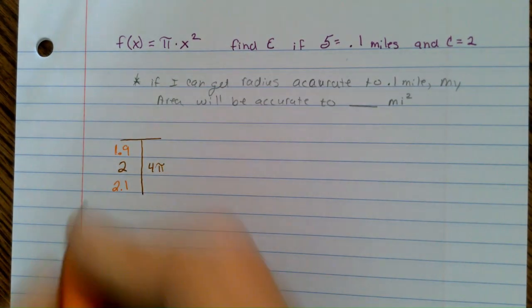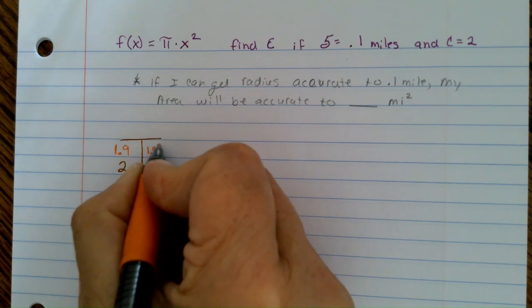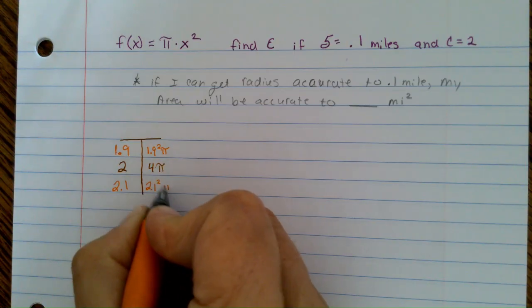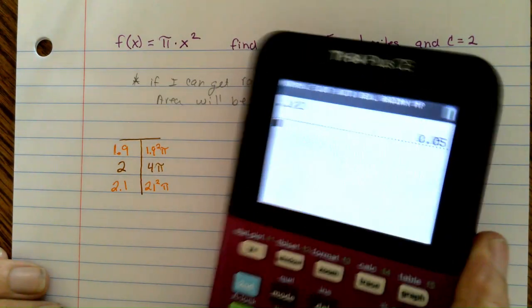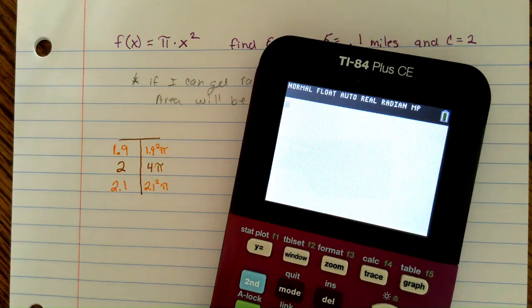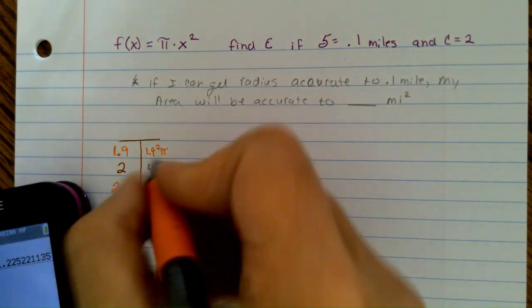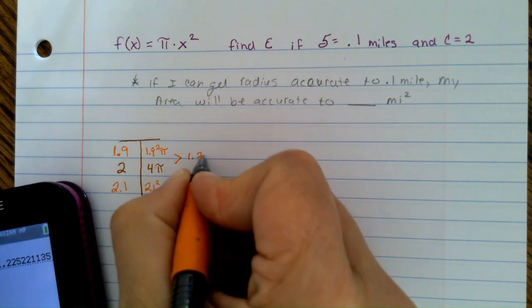Okay, so this would be 1.9 squared pi, and this would be 2.1 squared pi. Okay, so we'd have 4 pi minus 1.9 squared pi, and that's off by 1.225. So the difference here is 1.225.